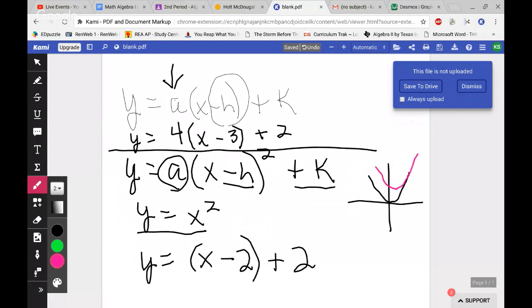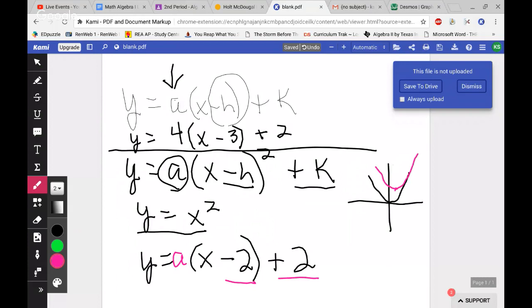It probably wouldn't intersect anywhere until way up there. But it's going right 2 and then up 2. So these things right here adjust this point right here. And this right here, if we added an a, that's going to make it whether it's skinnier or fatter.